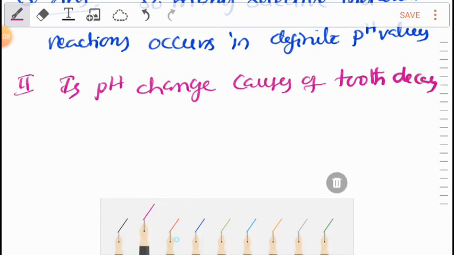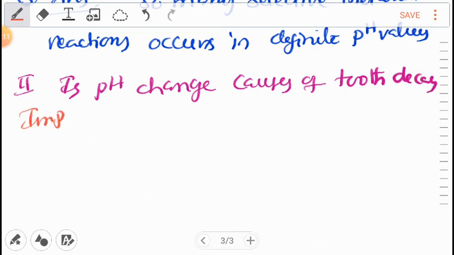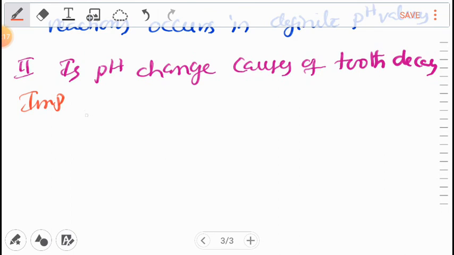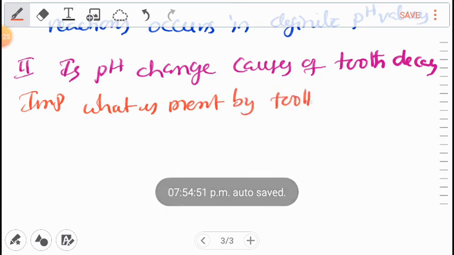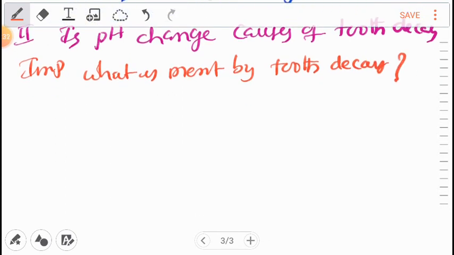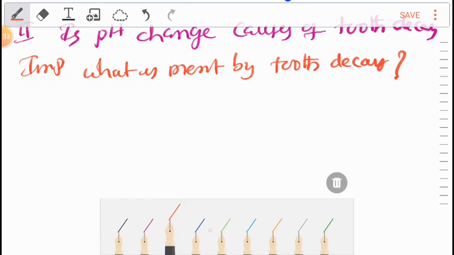In exam it is very important, so they will ask like this: what is meant by tooth decay? How do you prevent this? So that is the question. So I will answer this.